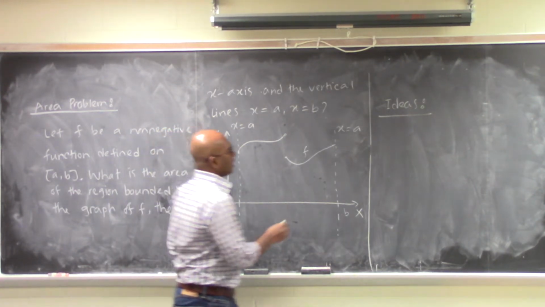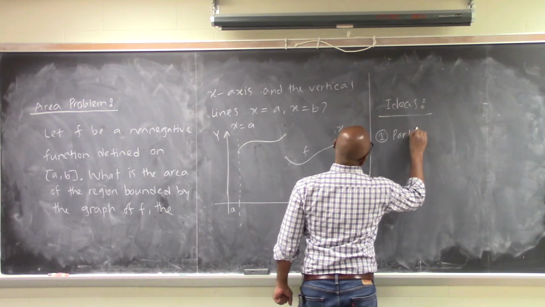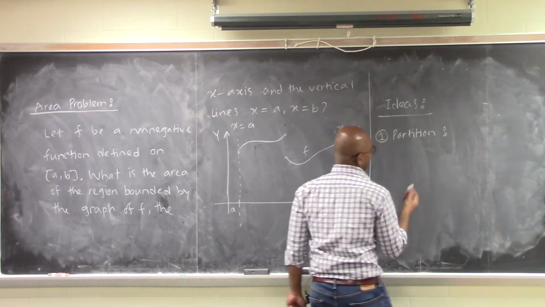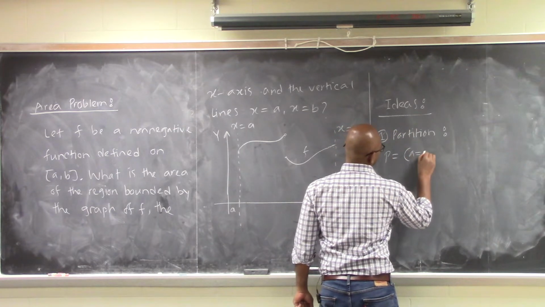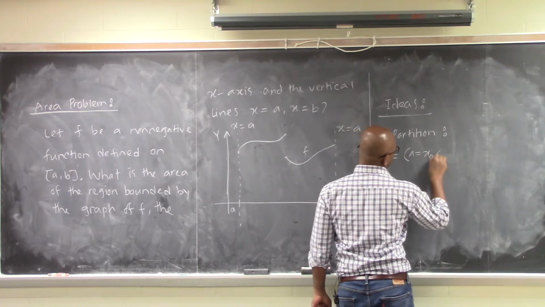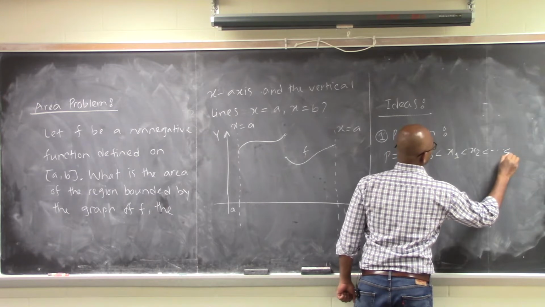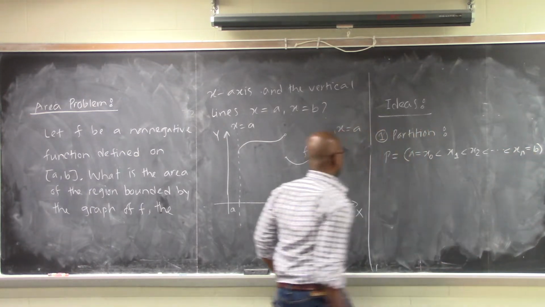So number one is partition. A partition of an interval is a set P: x equals x0, and then we have x1, x2, all the way up to xn, which is b. Okay, so we need a partition like this.